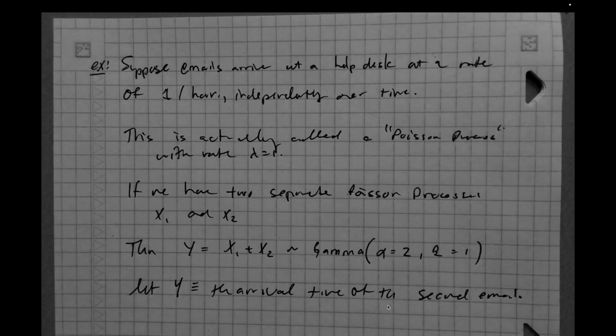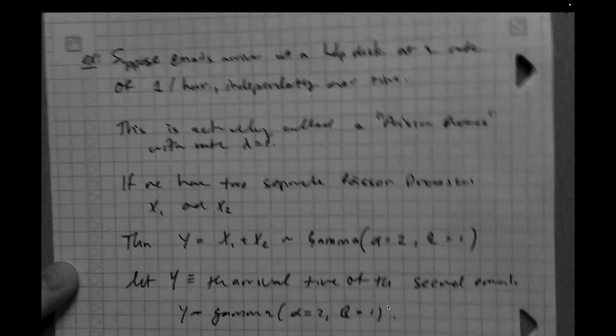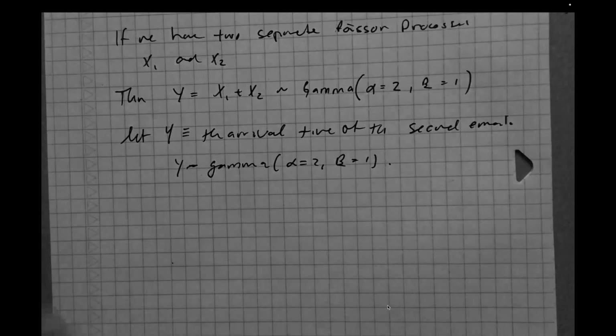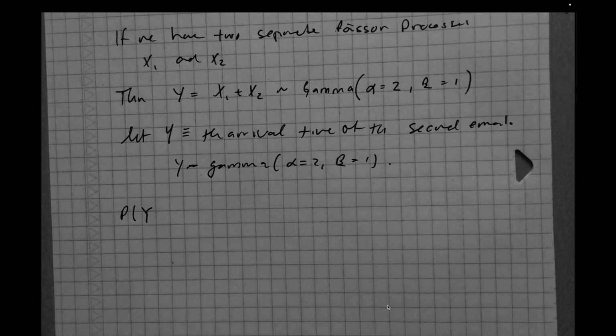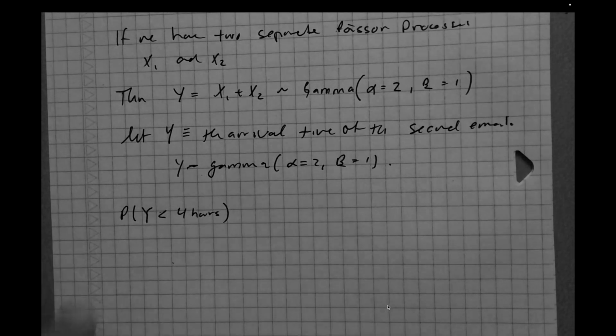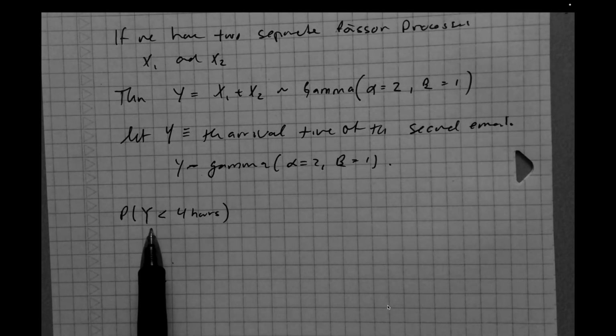Then y is gamma 2, 1, as we just said. So what's the probability that the arrival time of the second email, i.e. y, will be less than 4 hours? That's a good question. Okay, so y is a gamma random variable.